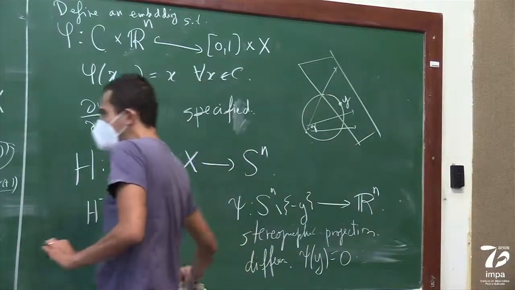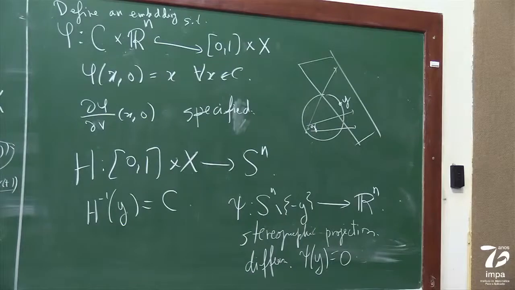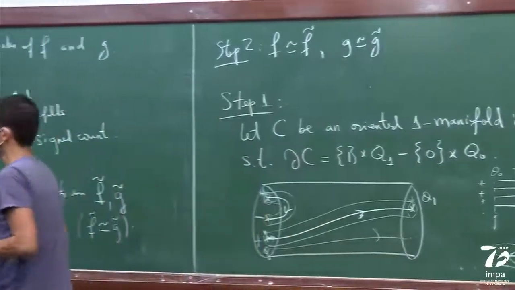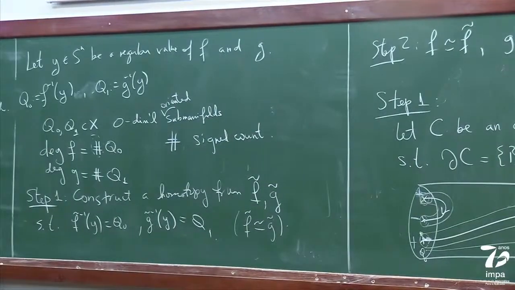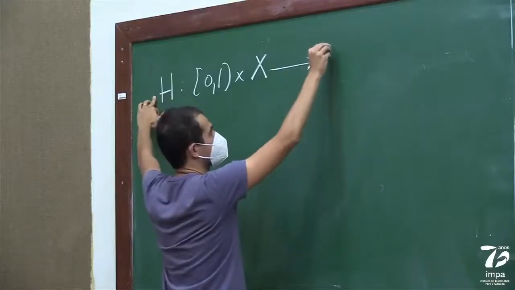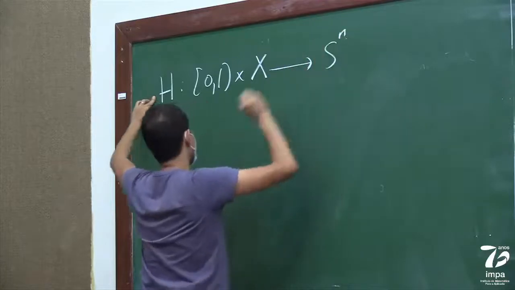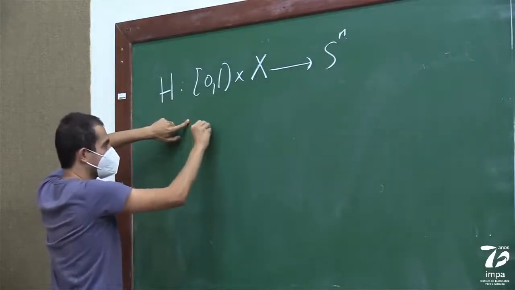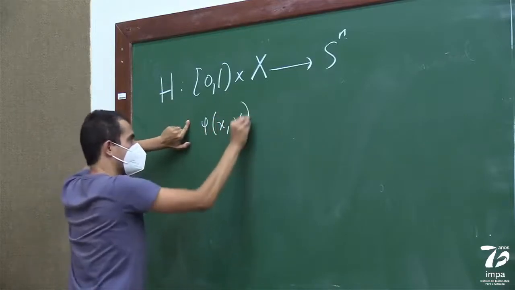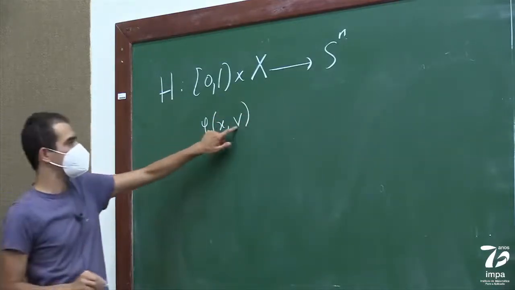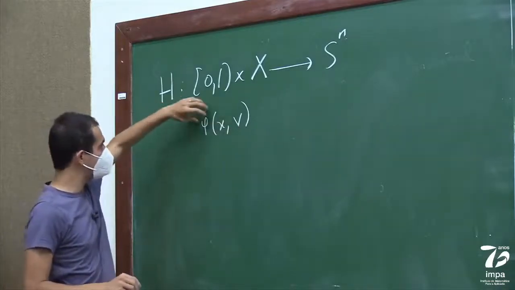Okay, so that's what I'm going to need. Now, basically, I want to tell you that using these tubes around the curve, I can define my homotopy H. How do you do it? H is defined from [0,1] times X to Sn. If you take a point that's in the image of this diffeomorphism, phi of x, v, basically the idea is I want to take this to v.